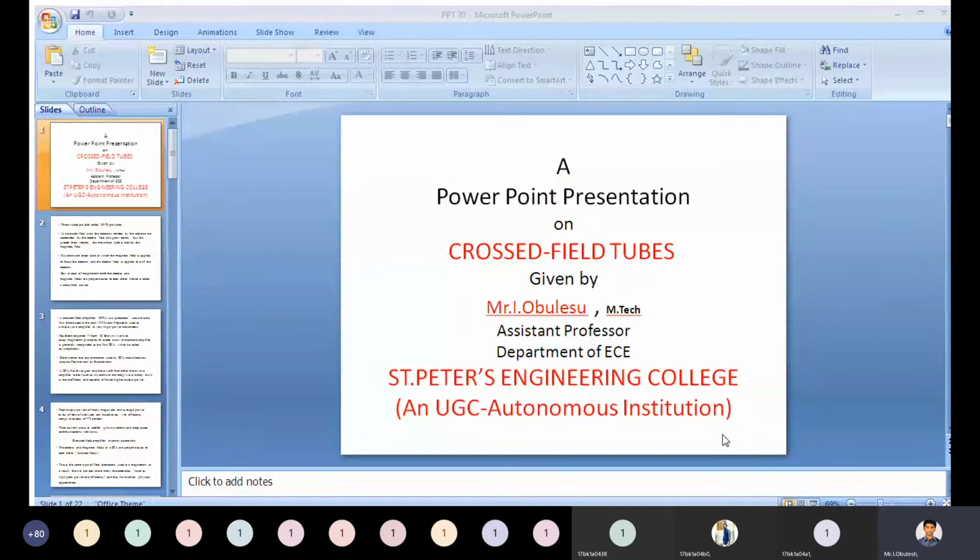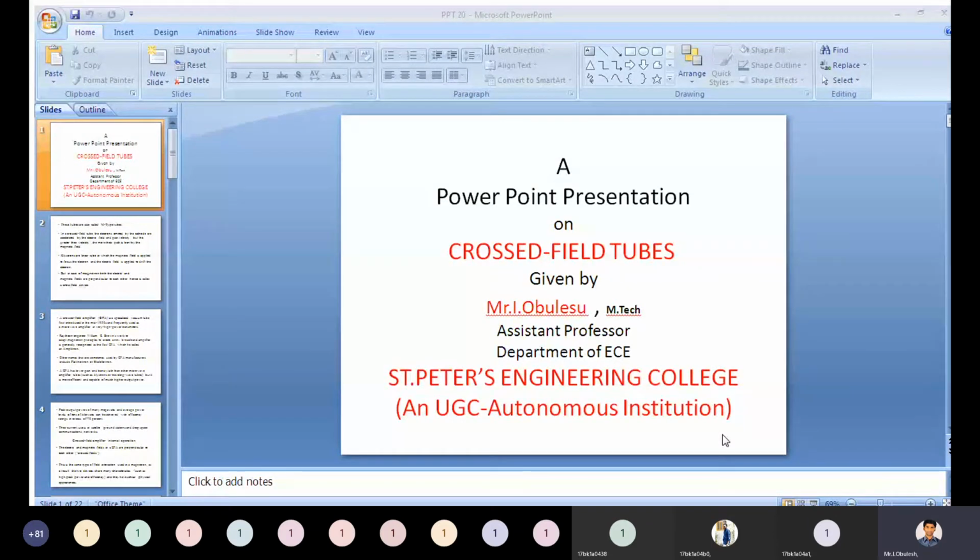An early form of magnetron was invented by H. Jordan in 1910.